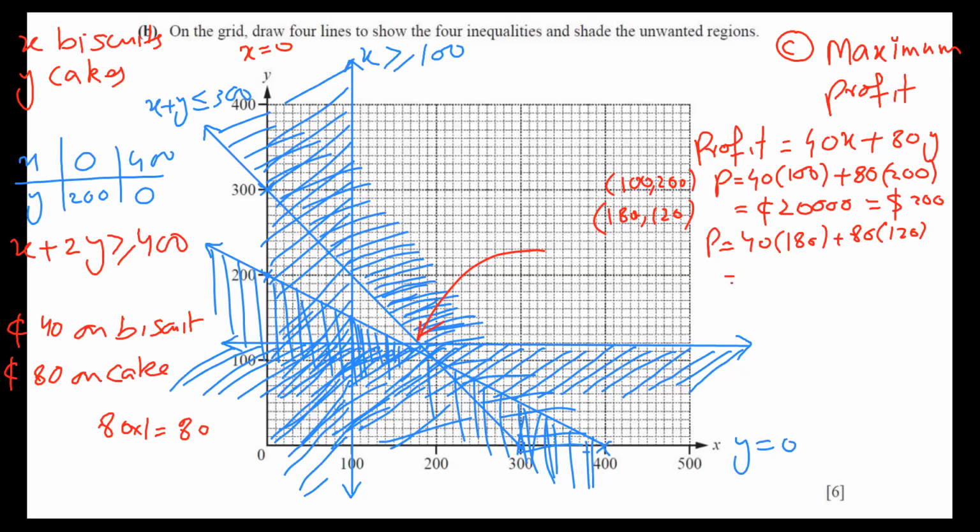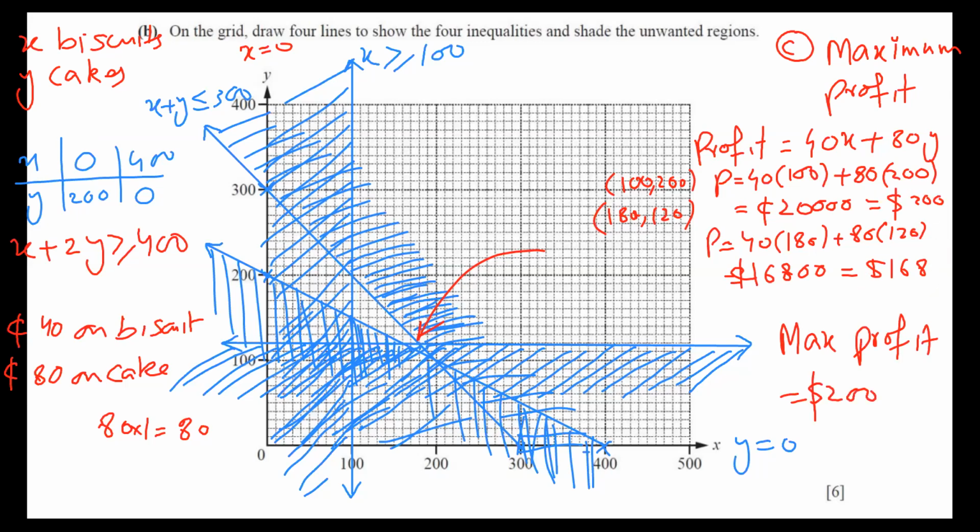And whereas the second one, 40 into 180 plus 80 into 120, this is coming 16800 in cents, which equals $168. So naturally we need the maximum profit. So the maximum profit she earns here is not 168, it is 200. So 200 is our maximum profit.